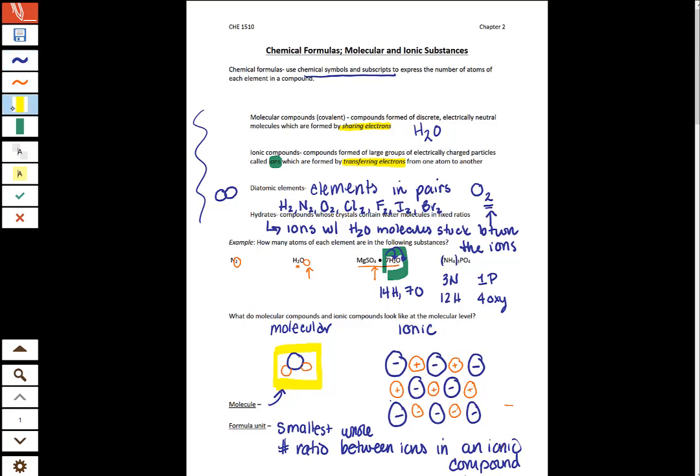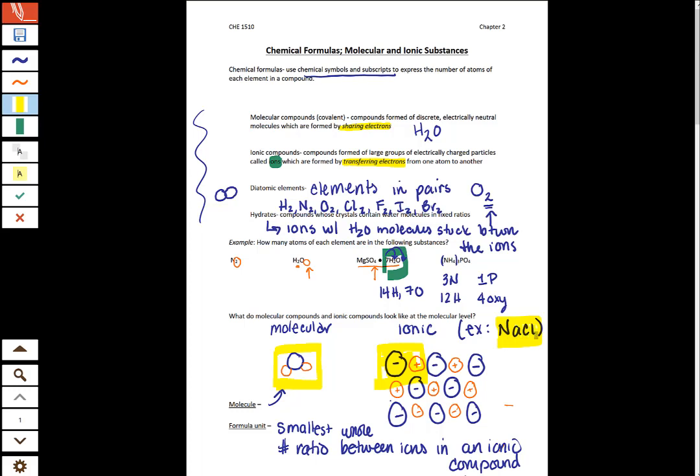So let's go back to this picture of an ionic compound. Pretend this is sodium chloride. The chemical formula for sodium chloride is NaCl. And so in this picture, I have a Cl and Na, a Cl and Na, a Cl and Na, and so on and so on. So I have lots of Nas and Cls in here, but if I look at the ratio between Na and Cl, I should end up with a 1-to-1 ratio, which is what you're describing in the chemical formula.